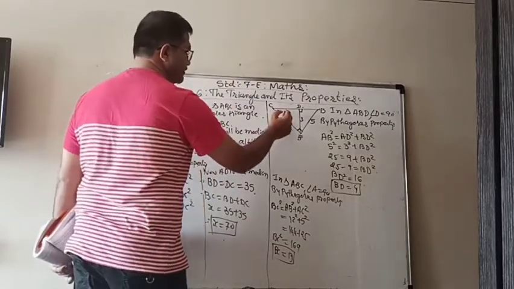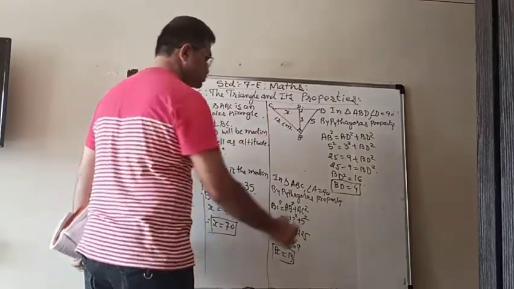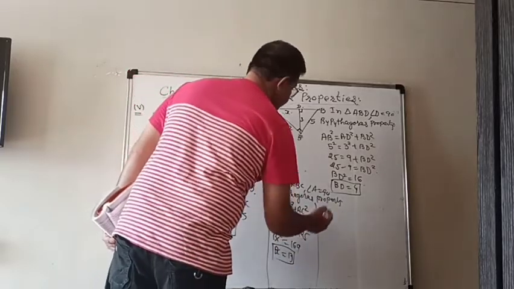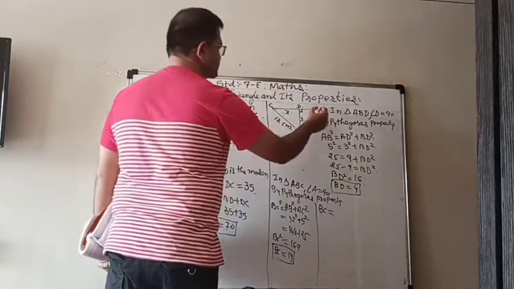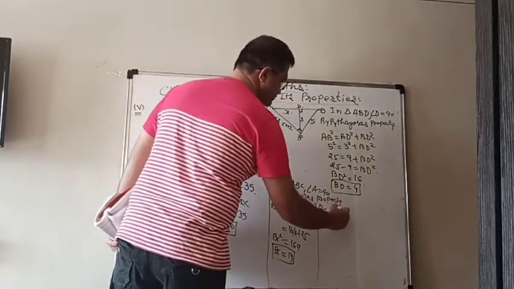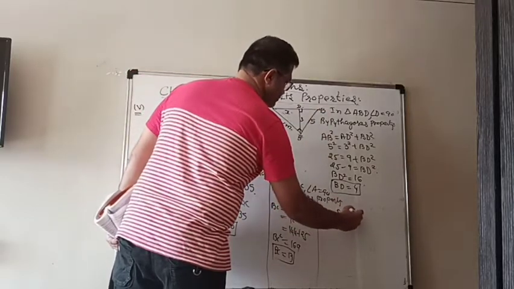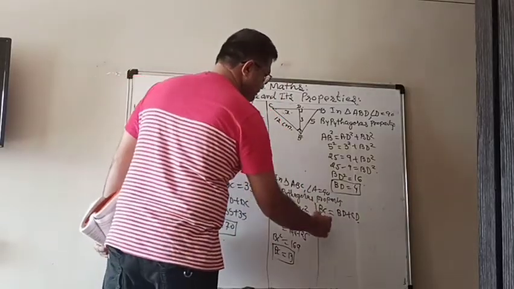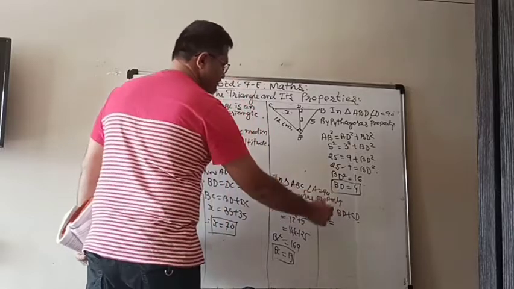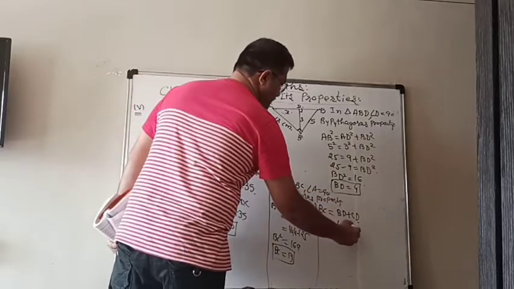But now we have to find the value of CD only. So now BC is equal to BD plus CD. What is the value of BC? We found 13. BD we got 4, plus CD.